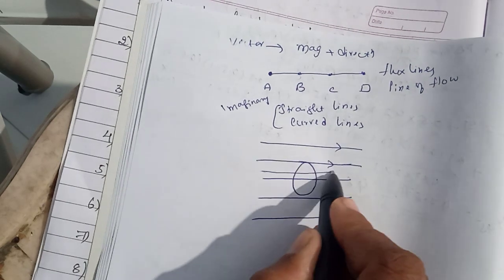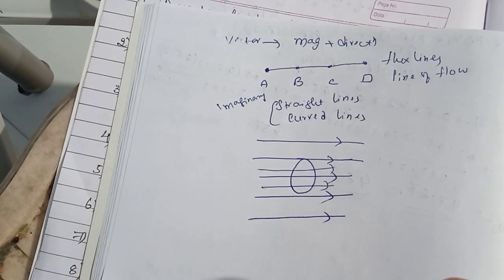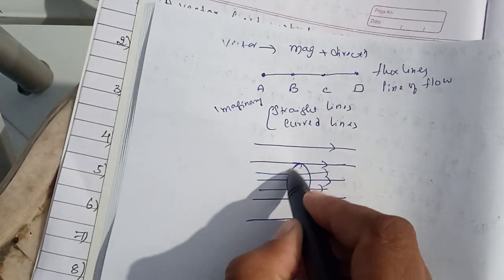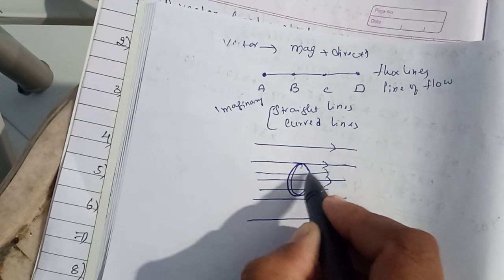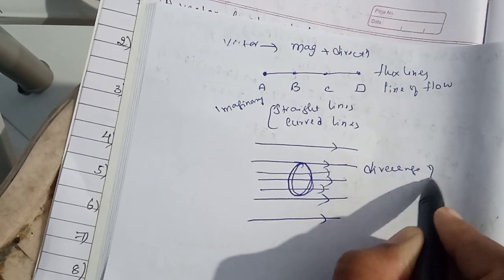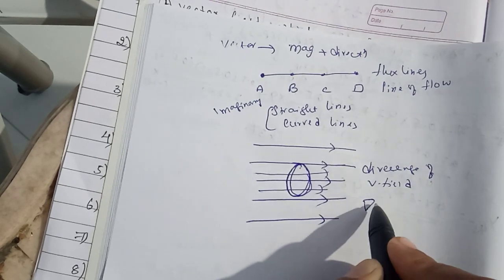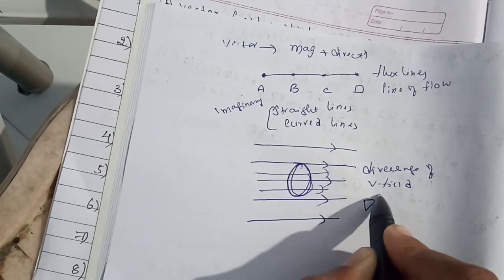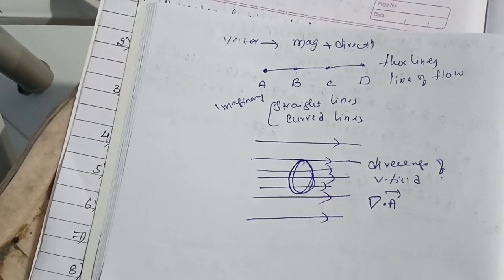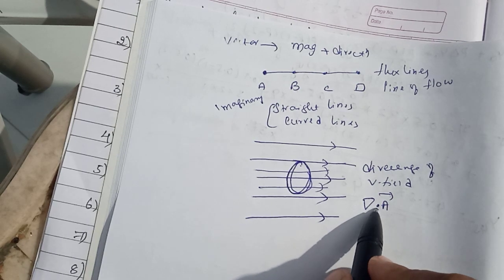Now the number of flux lines entering this area, we call it the divergence of vector field, and mathematically, if A is the vector field, we write it as del dot A. We represent it with a dot product.